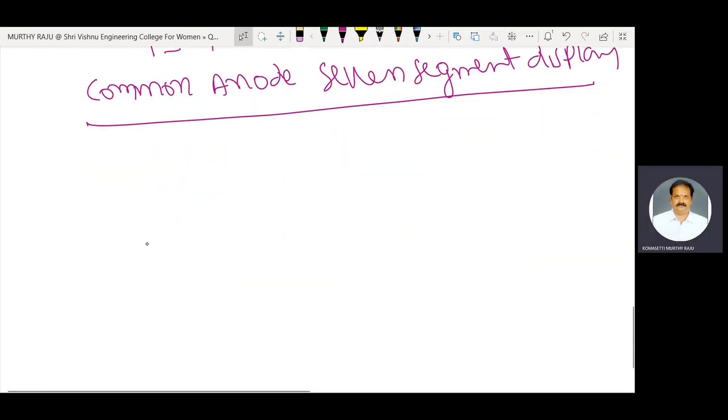In a common anode display, all the anodes of the 7 LEDs are combined.